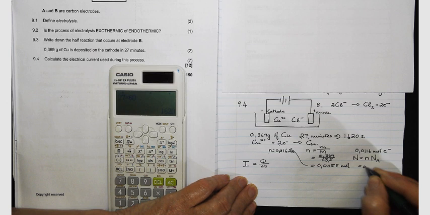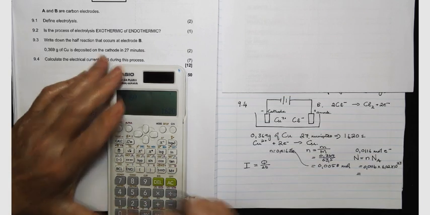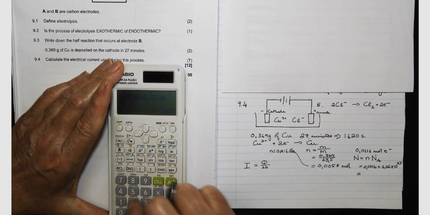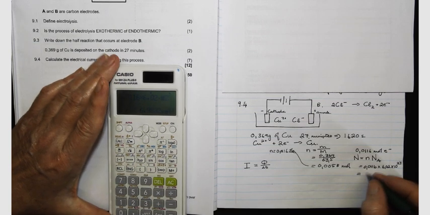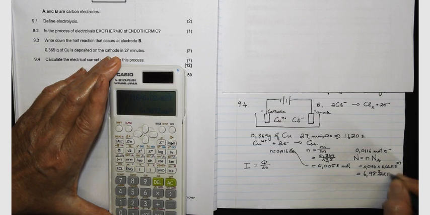So it's 0.0116 times 6,02 times 10 to the 23, and that gives us 6,9832 times 10 to the 21 electrons.